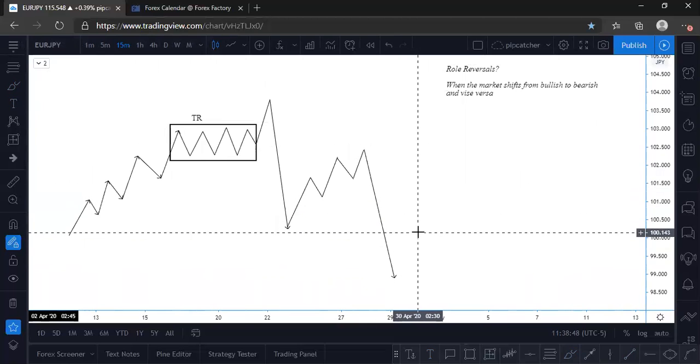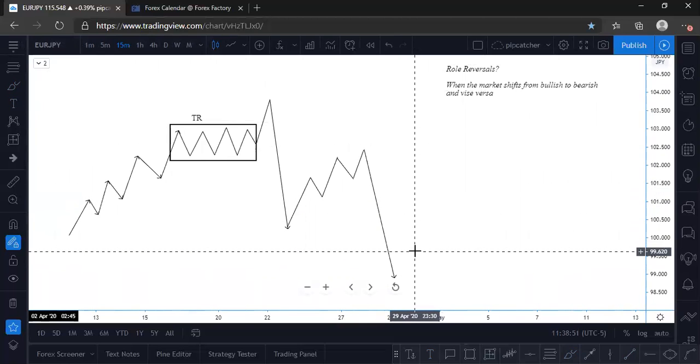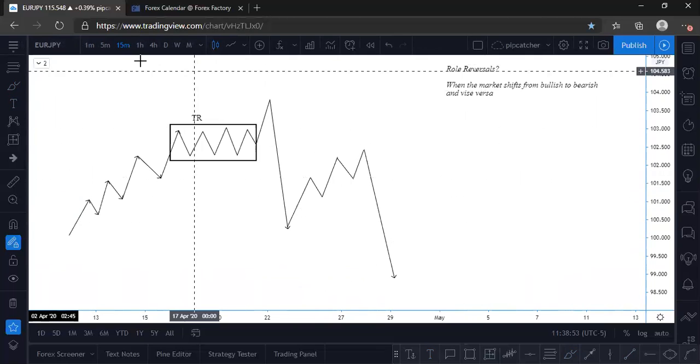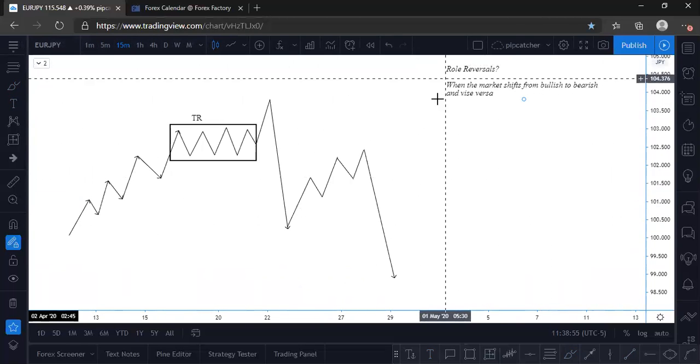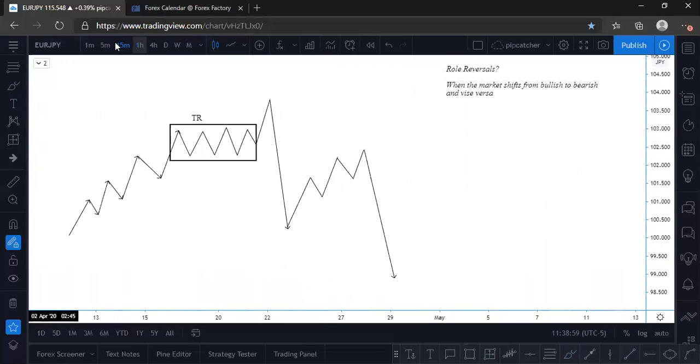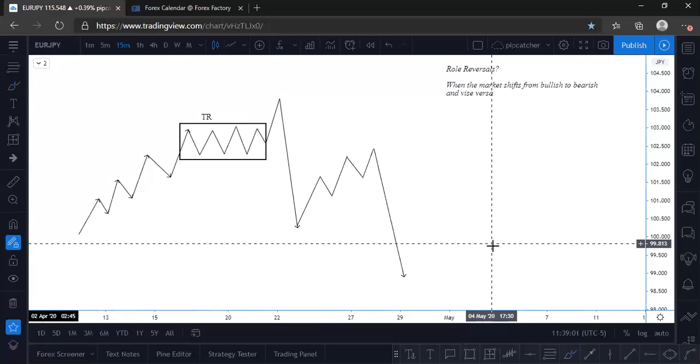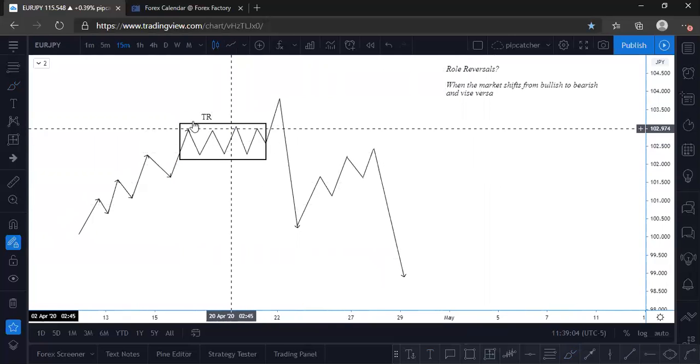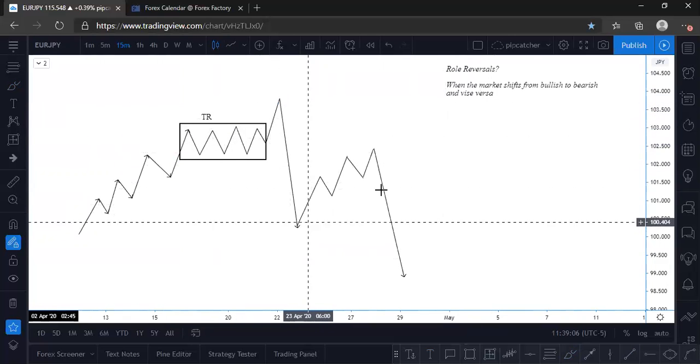I will say that if you aren't scalping, then it's probably not ideal for you to use this type of thing on lower time frames. But yeah, it's pretty simple.